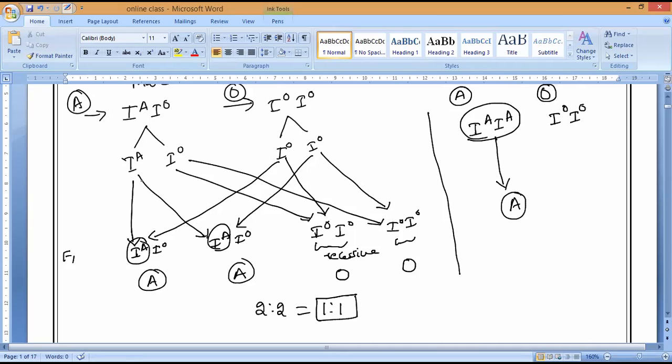But if the father unfortunately has IA and IO, then the baby may get IA and IO, as well as IO and IO. So it may be group A or maybe group O. Understand, Nitinath? Clear, everybody? That is what you need to remember.